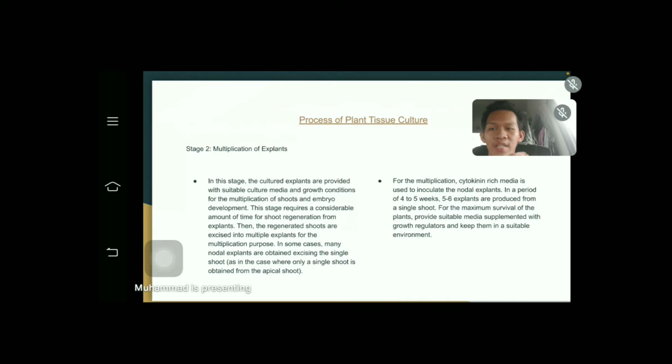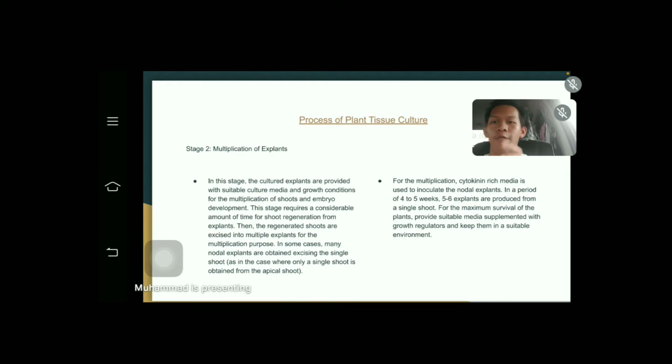assessing the single shoot, as in the case where only a single shoot is obtained from the apical shoot. For the multiplication, cytokinin rich media is used to inoculate the nodal explant.